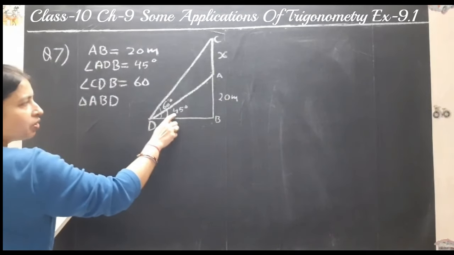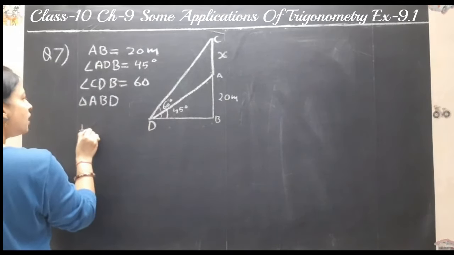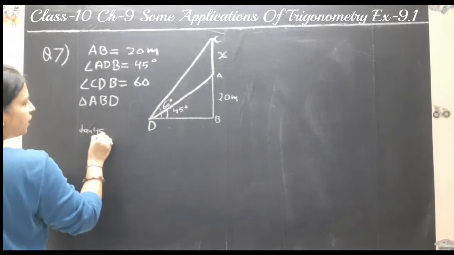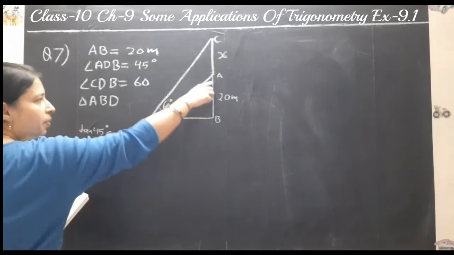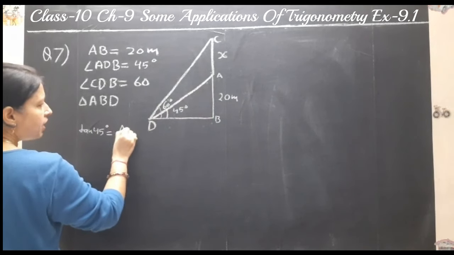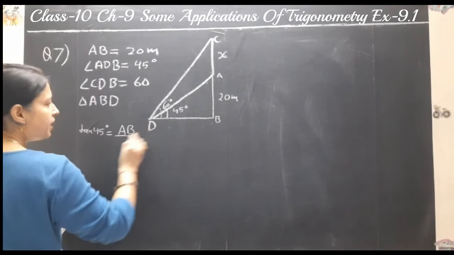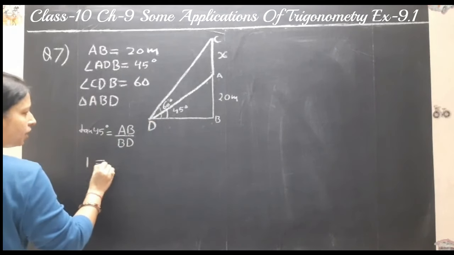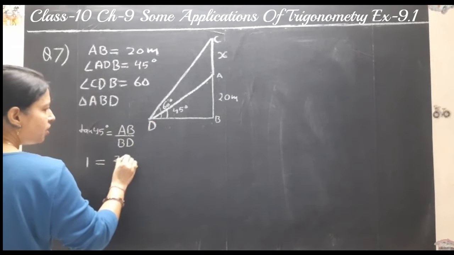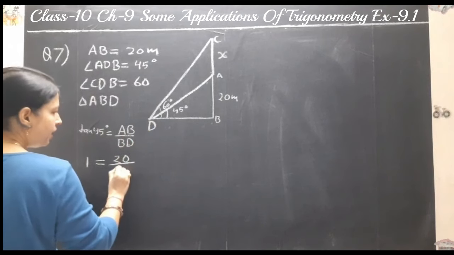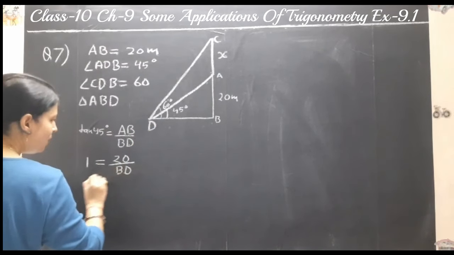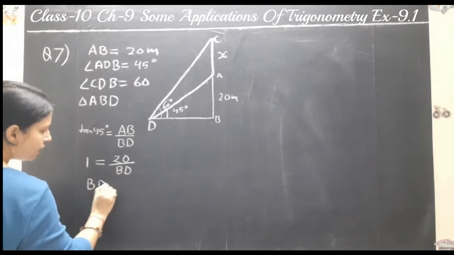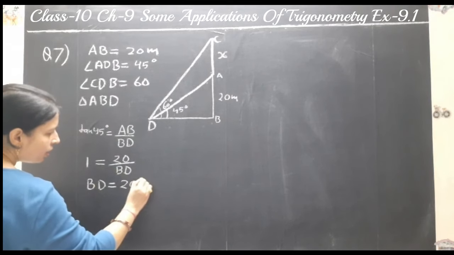Here theta is equal to 45 degrees. So tan 45 degrees will be perpendicular distance AB, base is BD. Put the value, tan 45 is 1. AB is given 20 meter, so here 20, and here BD. So what will be BD? Yes, BD will be 20 meter.